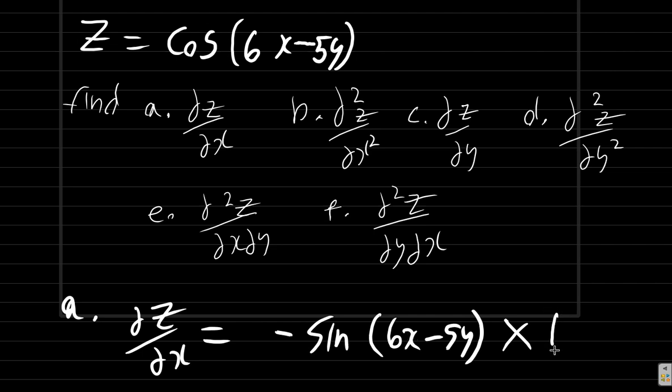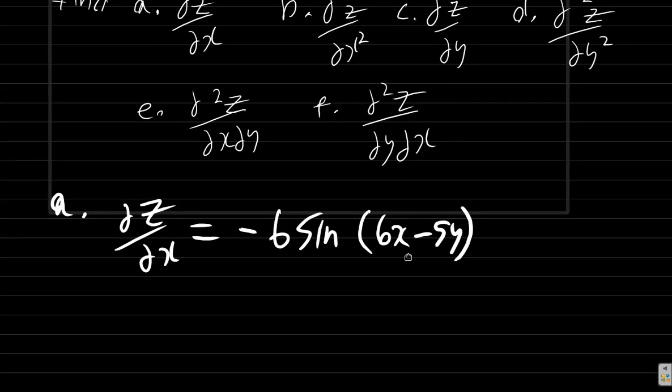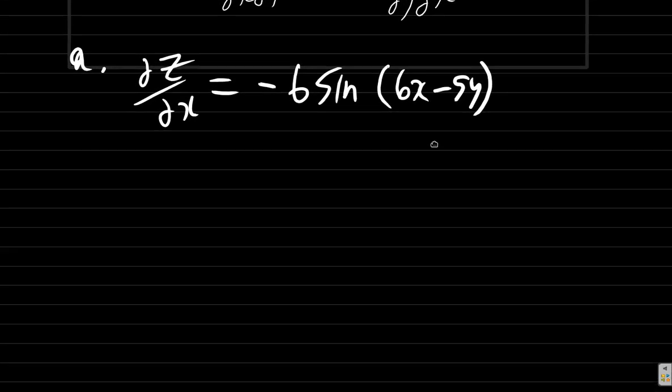When you differentiate that, you get 6. So what you really have is negative 6 sine 6x minus 5y. See that? That's delta z by delta x.